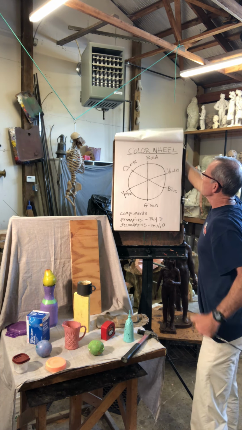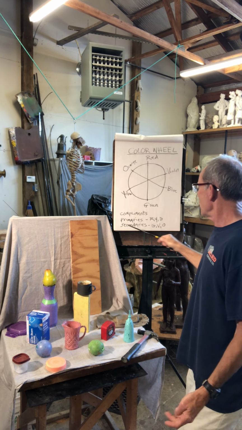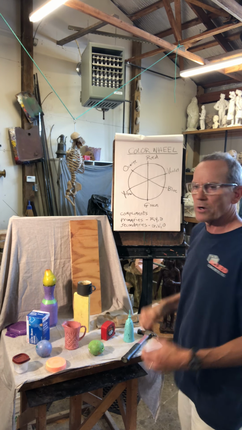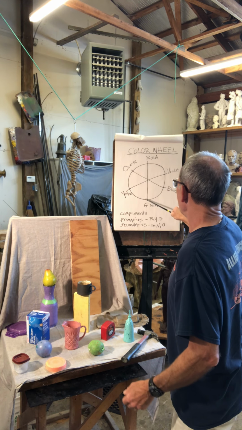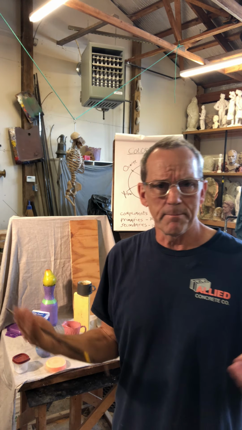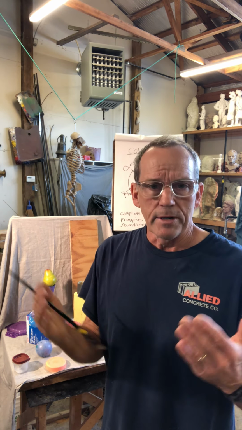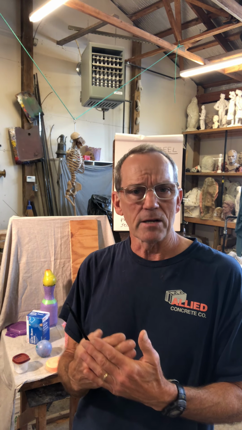One thing I'll mention again on the color wheel: the reason I have these lines here, which comes in handy when we're mixing, is to realize which of these colors are complements. So orange and blue are complements, green and red, and violet and yellow. What that means is when you mix them purely together, they have the quality of canceling each other out and making the color grayer.